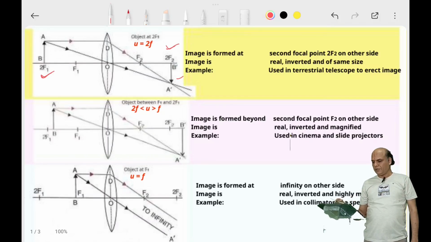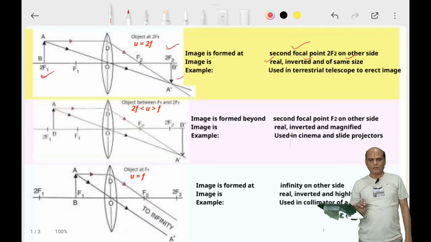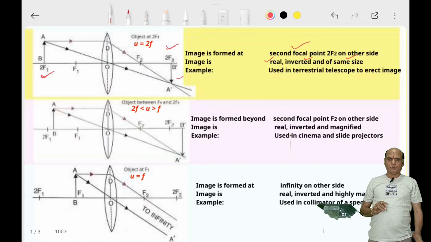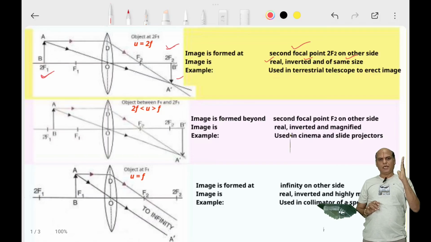Here, the image is formed at the second focal point on the other side of the lens; the image is real, inverted, and of the same size. For an infinitely placed object, the image is extremely diminished. For a very large distant object, the image is highly diminished.